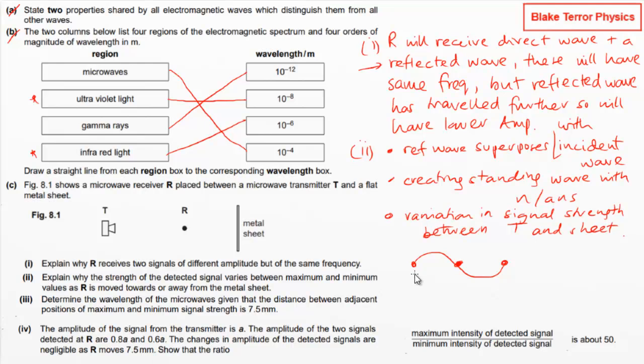Going from a node to an adjacent antinode, from minimum to maximum, is clearly a quarter of a wavelength. So the wavelength is going to be 4 times 7.5 millimeters, which is 30 millimeters.